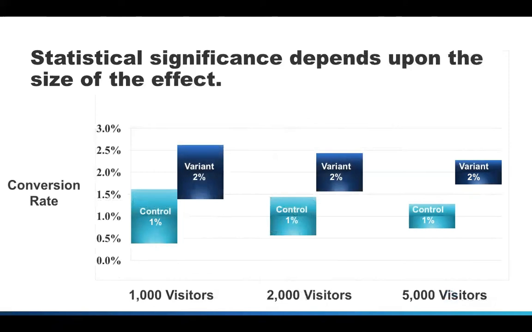And so in this case, we've got the same graph with 1,000 visitors, 2,000 visitors, and 5,000 visitors. But look, in the previous example, 1% and 1.4%, no matter whether we fed them 1,000, 2,000, or 5,000 visitors, we couldn't prove significance. But with 2%, a bigger effect, we can prove it at 2,000 visitors. And this of course makes intuitive sense, because if there's a bigger effect, then the evidence is going to be clearer.